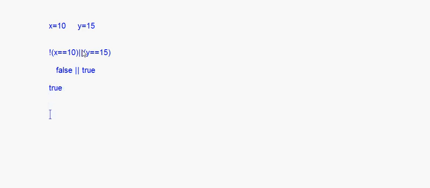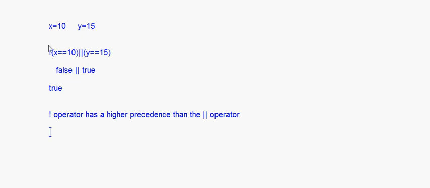The not operator has a higher precedence than the OR operator. So this not x is equal to 10 will be done first, and then the other part. You should not do it like x is equal to 10 or y is equal to 15 and then put the not operator.